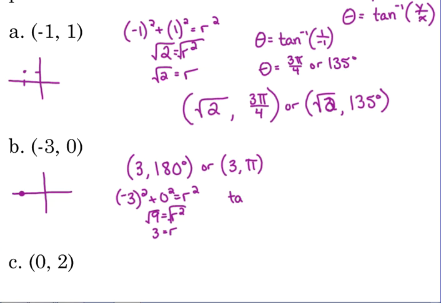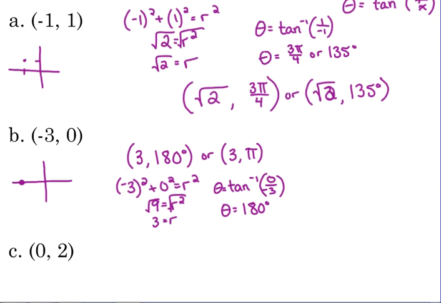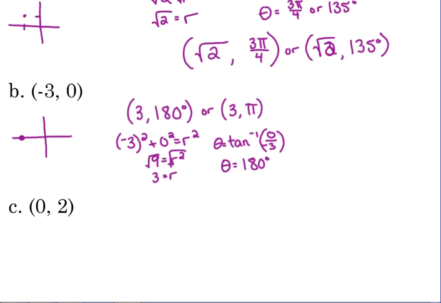And when you do the inverse tangent of 0 over -3, it's probably going to give you 0 in the calculator, because that's the first place where the tangent's equal to 0. So again, you do need to know where you're at to correctly identify that angle. Or just think through it first. Think through it first.